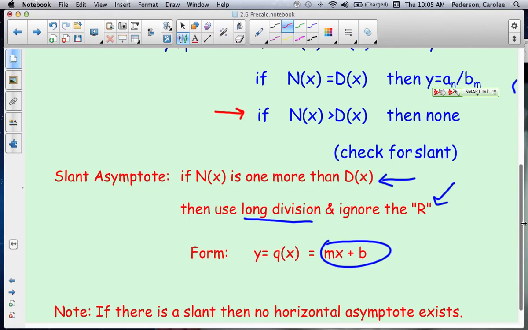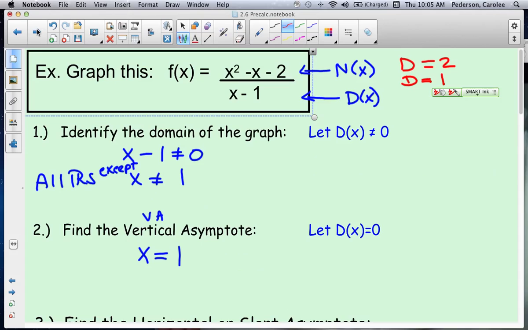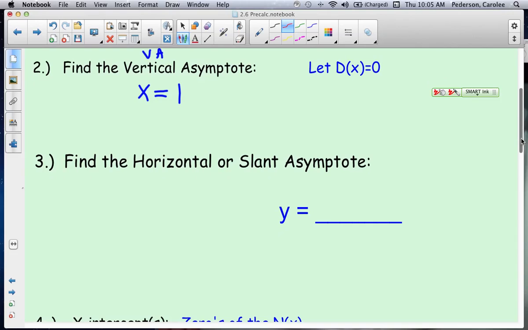So it might make more sense once we get to showing you how to do it. So we'll go back. Do you agree with me that it's 1 more than? So we do not have a horizontal asymptote because the numerator is greater than the denominator. But there is a slant because the degree of my numerator is exactly 1 more than its denominator.